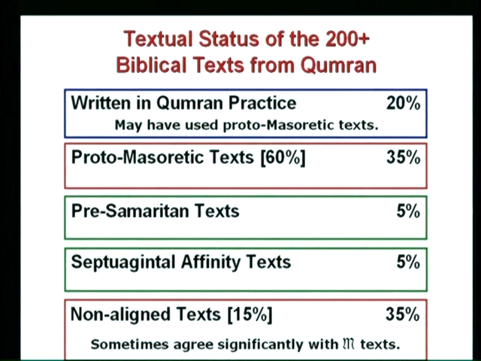What does he mean by non-aligned? Non-aligned means that the texts are either too brief or too fragmentary to be able to identify whether they really support a Septuagint text or the Masoretic text.